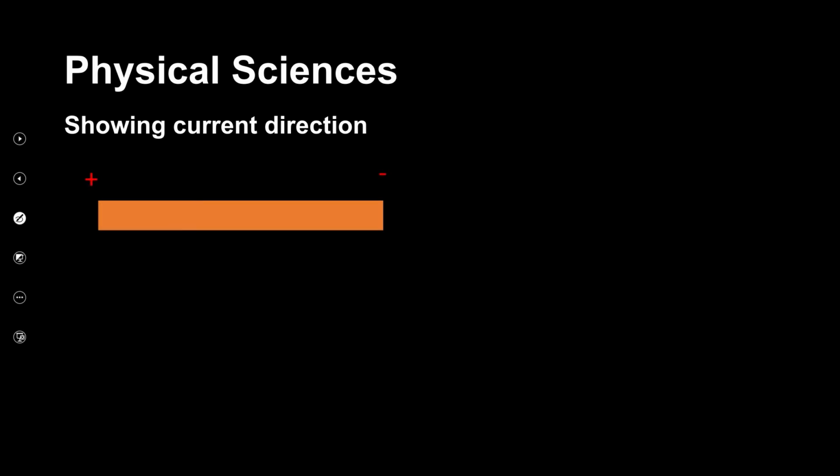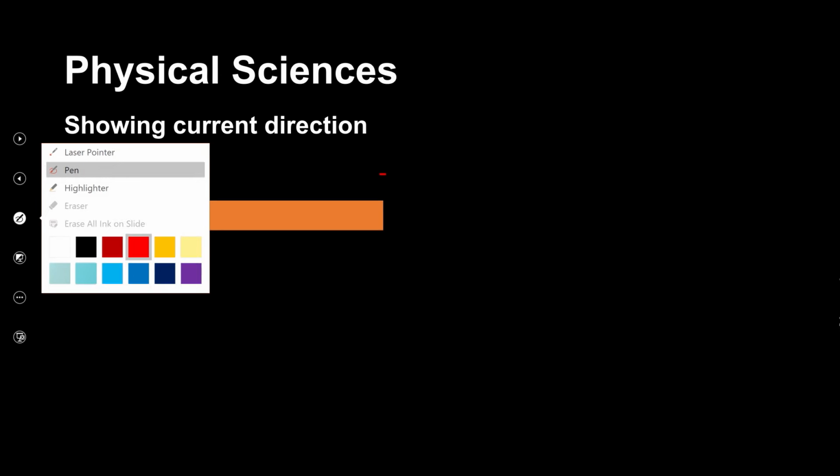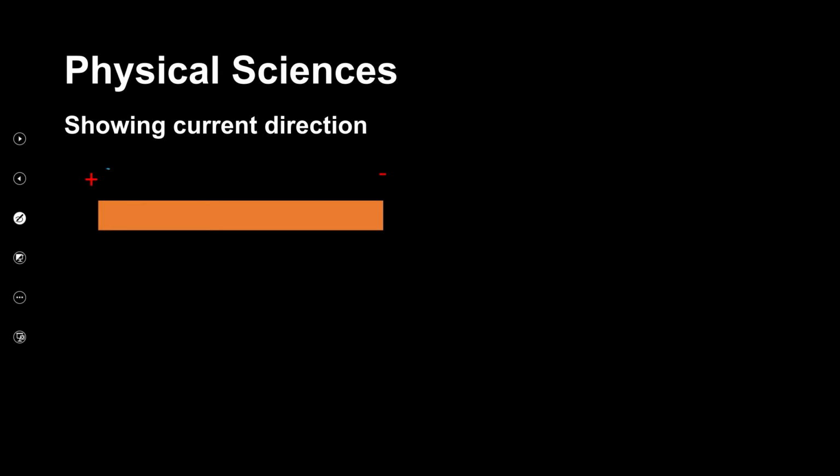And we've laid out the piece of copper wire over here. Recognize that we've got the positive terminal over here, and the negative terminal over here. The copper wire is indicating that it's connected to a power supply, and we're recognizing that the direction of current is from the positive to the negative.